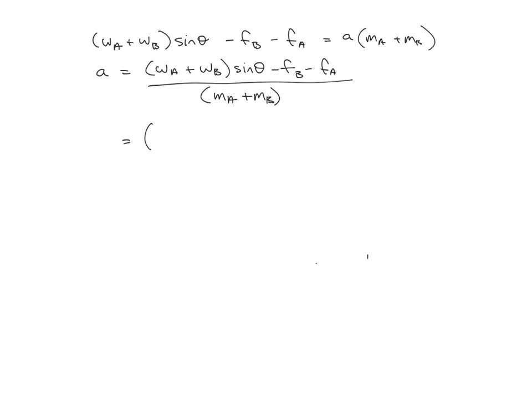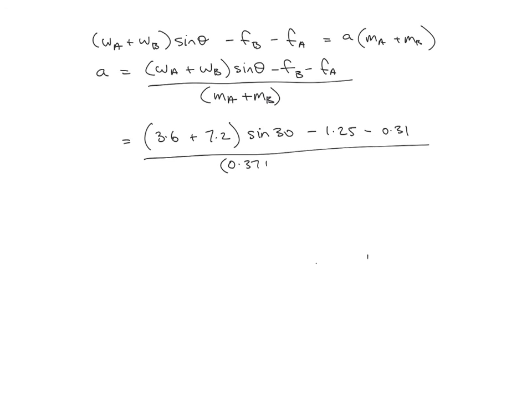We can put those values in now. WA was 3.6 newtons plus 7.2 sine of 30 degrees. And FB was 1.25 and FA was 0.31, all divided by the masses, which was 0.37 plus 0.73.